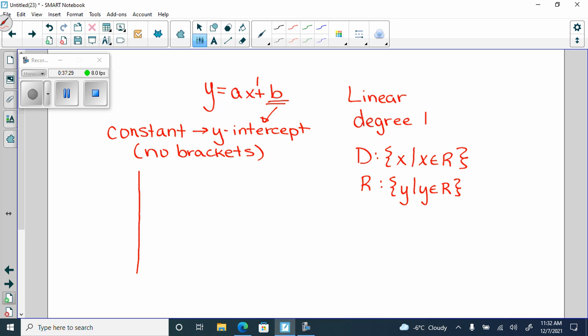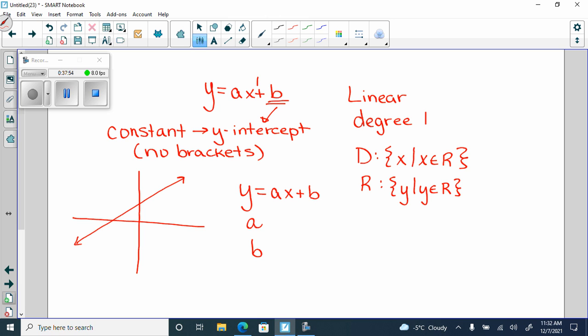Now, if I give you this, what does that tell you about the equation? Your equation, remembering, is y equals ax plus b. What does it tell you about a, and what does it tell you about b?